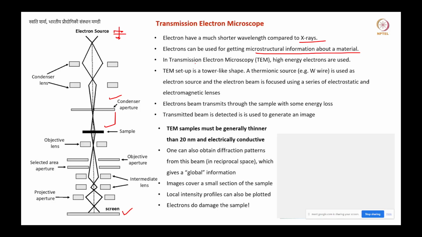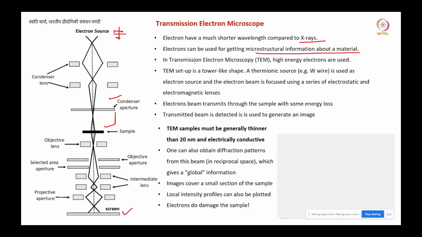And in TEM, samples must generally be thinner, less than 20 nanometers, and electrically conductive. That's why sample preparation is very important for TEM, because it should be very thin, so that you can get good results.